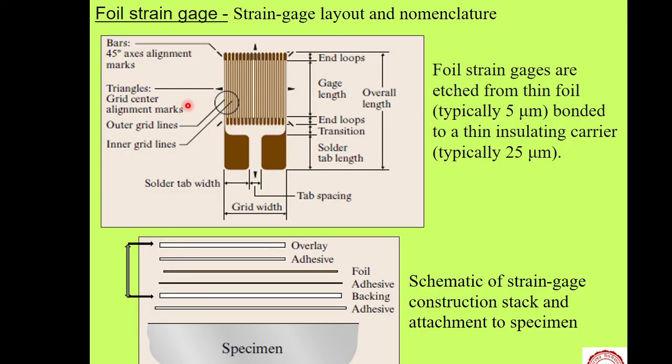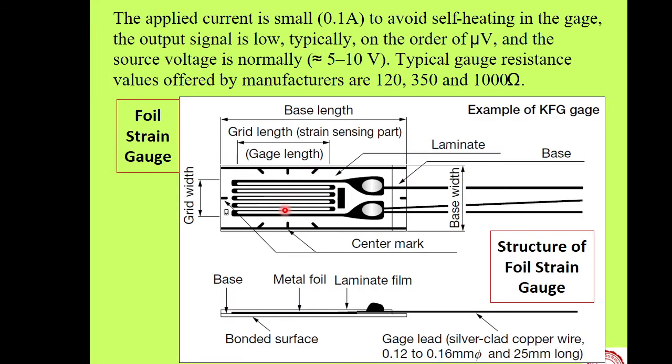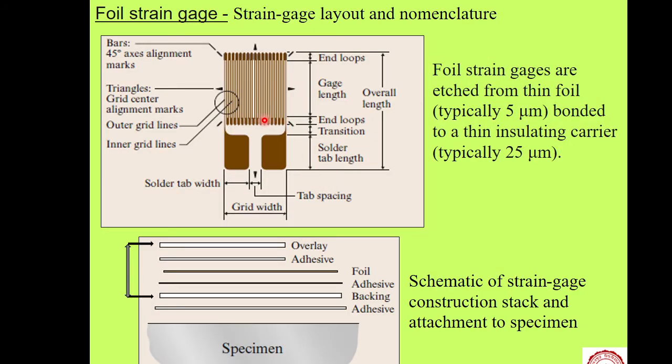There is some more elaboration on this, on the ends and other things. The schematic diagram part we have shown. Some other dimensions are specified. The foil strain gauges are etched from thin foil, typically 5 micron, bonded to a thin insulating carrier, typically 25 micron.